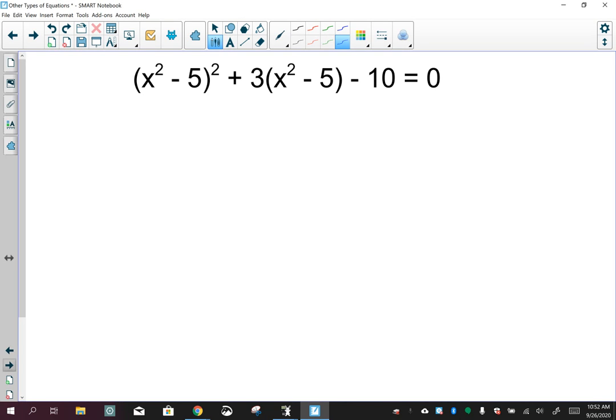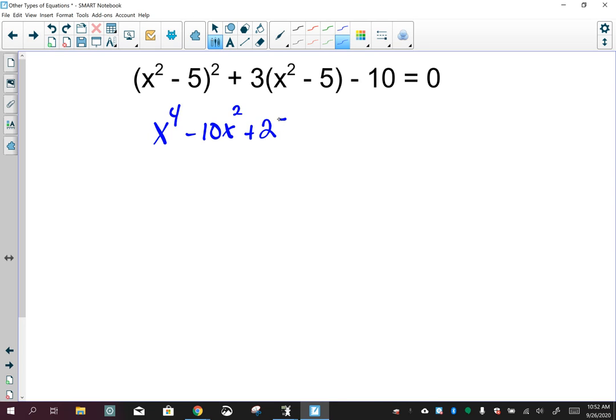All right. Welcome back. So on this front piece, we get x to the 4th plus 10x squared. No, not 10, not plus, it's minus.